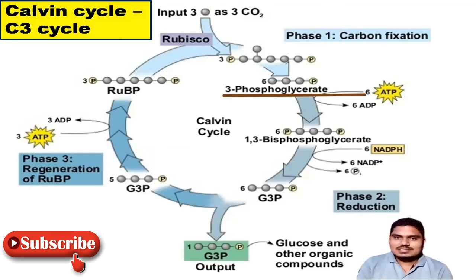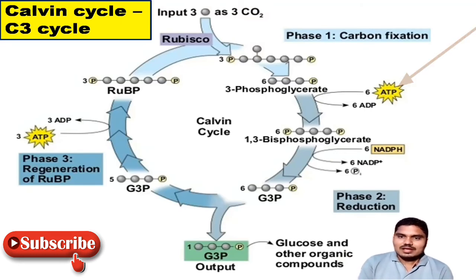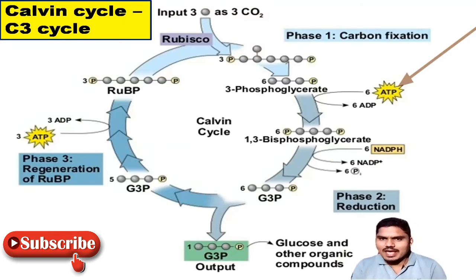So these 6 molecules of 3 phosphoglycerate combine with 6 ATP molecules. It lost 1 phosphate group and it returns back as ADP.